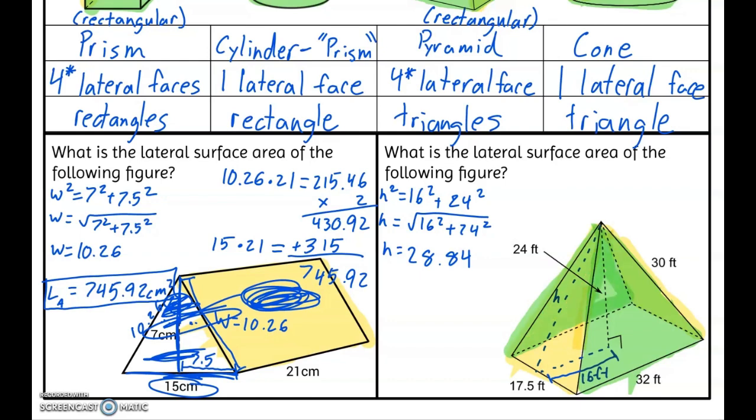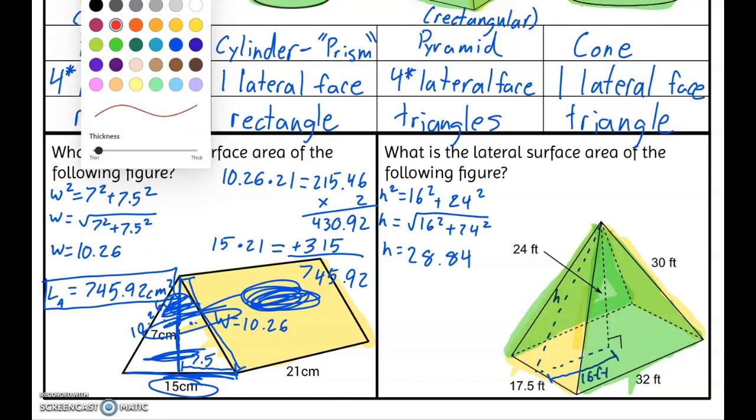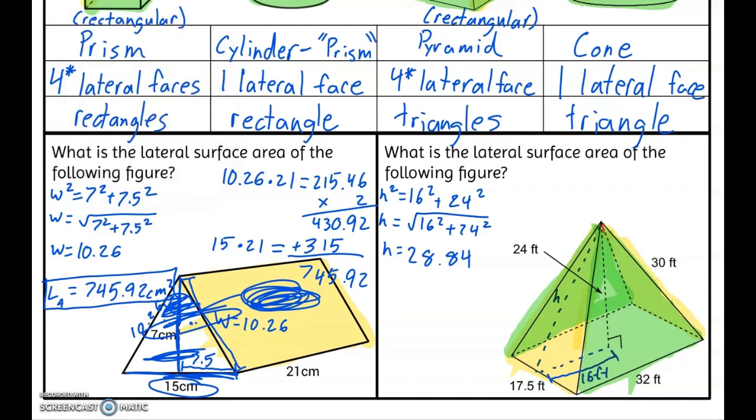So we need to find the height of those 2. I'm going to go ahead and change the color so that we can actually work with this here. Now, thankfully, we do still know this length right here. We're going to take 17.5 and we're going to divide that by 2. When we do that, we get 8.75 feet.